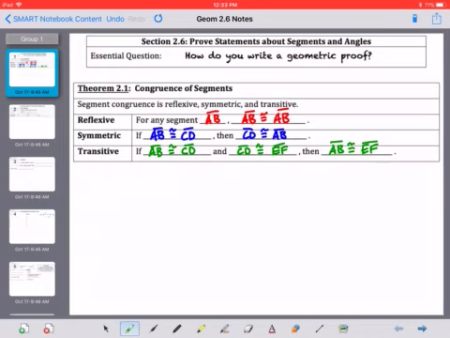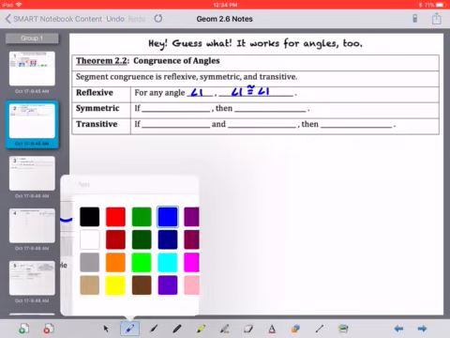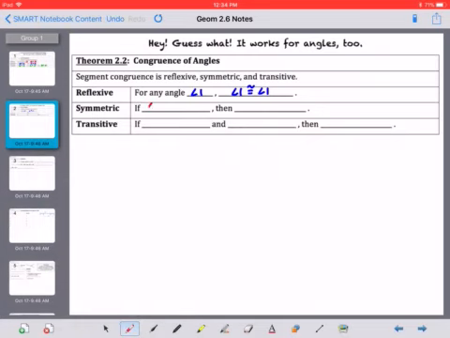But guess what? These three properties also work for angles. So if we have some angle, say angle 1, then angle 1 is congruent to itself. Likewise, if angle 1 is congruent to angle 2, you can flip-flop and say angle 2 is congruent to angle 1.